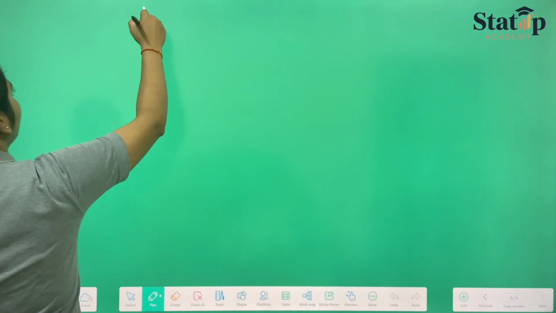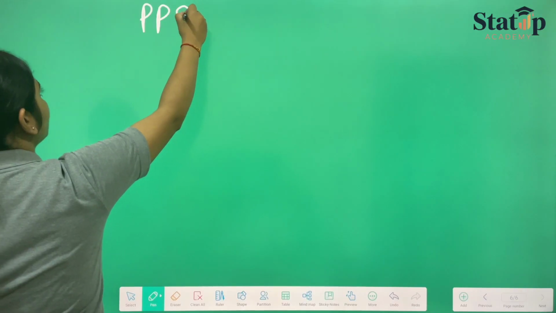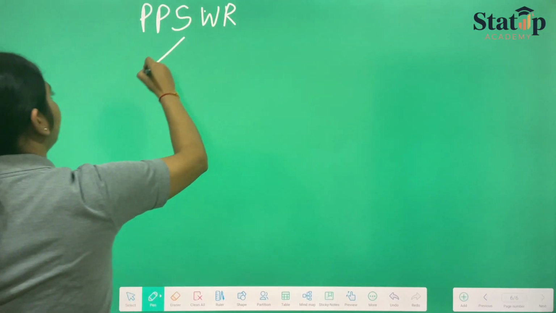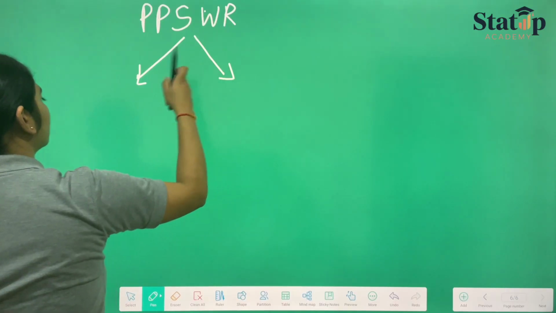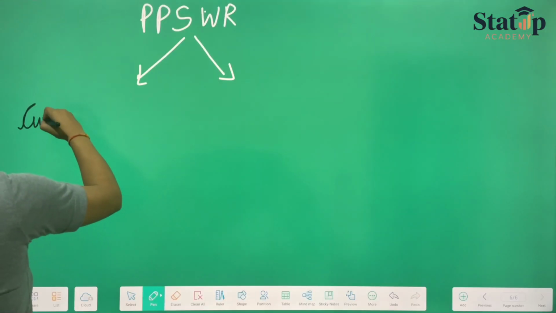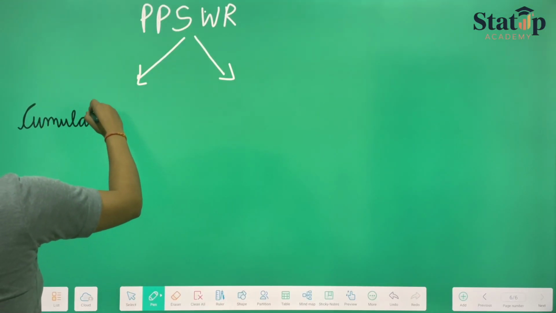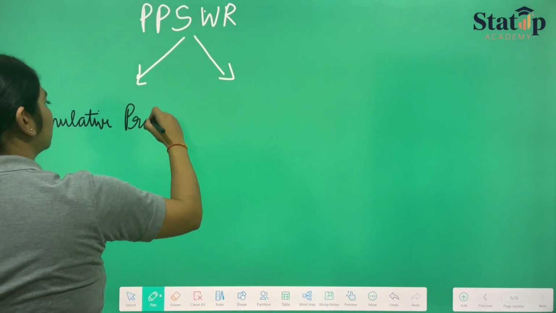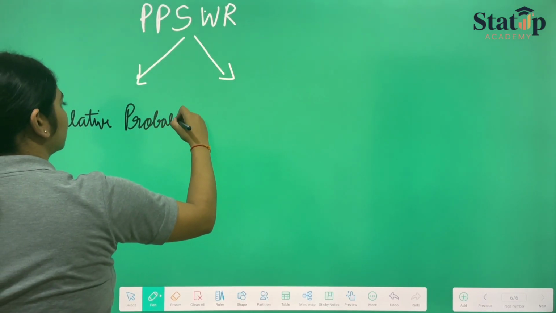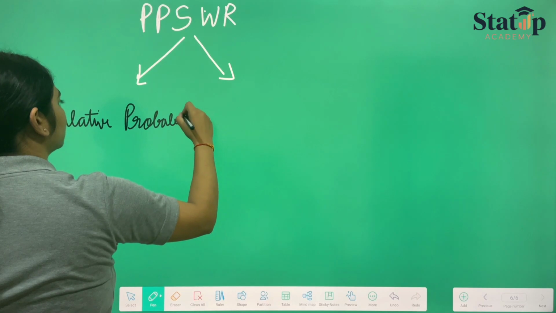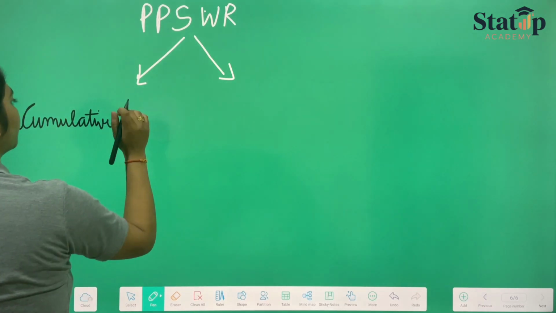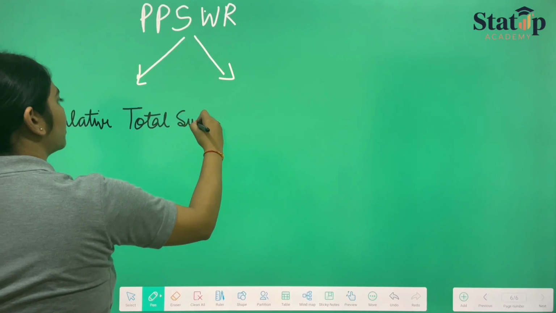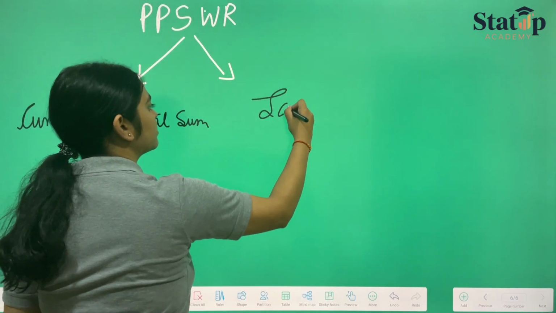So probability proportional to size with replacement has two processes: cumulative total sum and Lahiri's method.